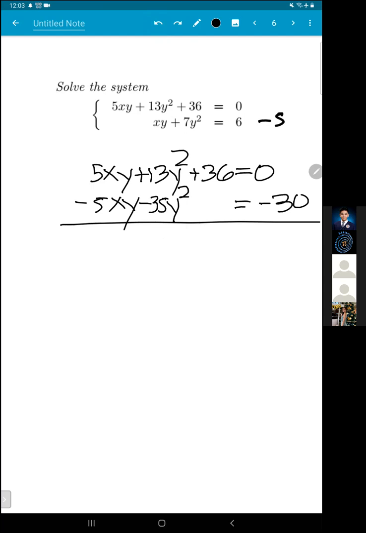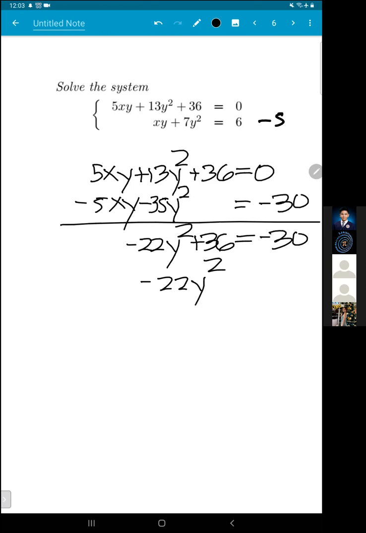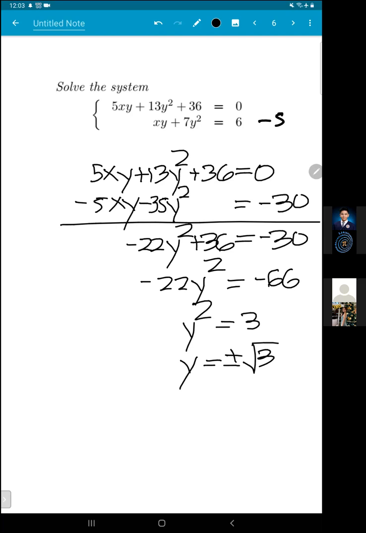Then 13 minus 35 is 22. So down 36, -30. Then you solve for y. Notice what happened here is that you only have an equation in y. Then -66, y squared equals 3. There are two possibilities. Plus minus square root of 3 for y.